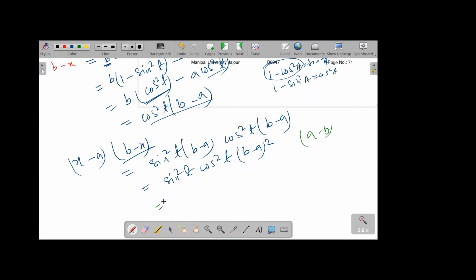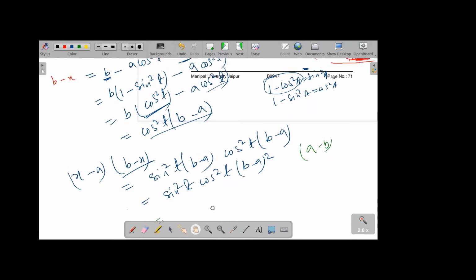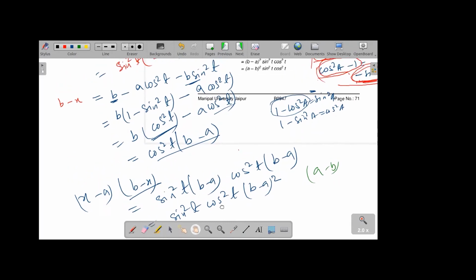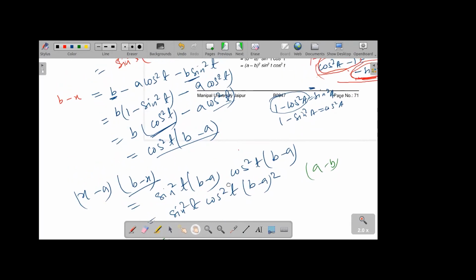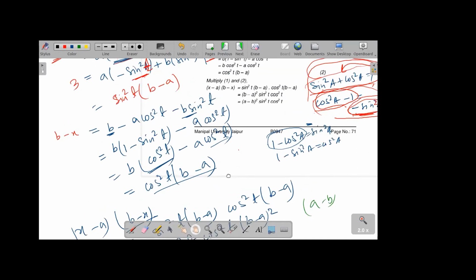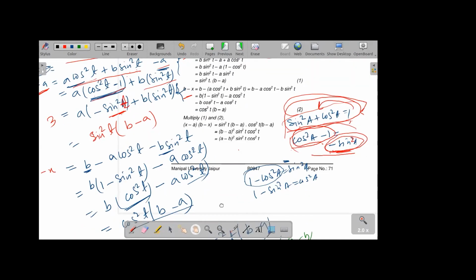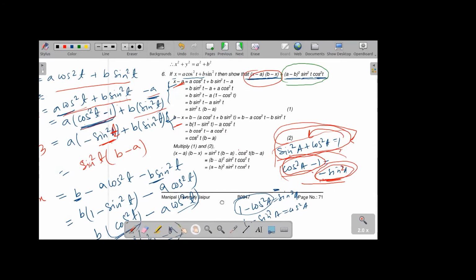Minus 1 where? One second, scroll up. Yeah, go to the question. Scroll down. Yes.